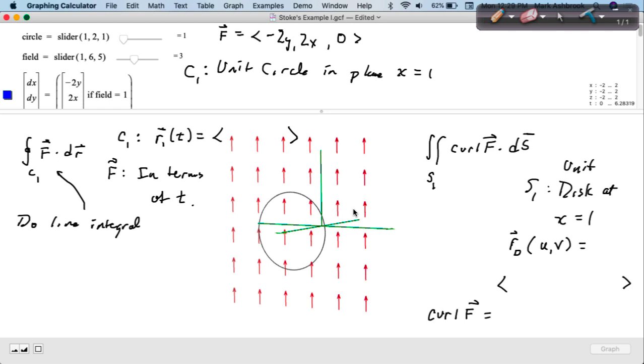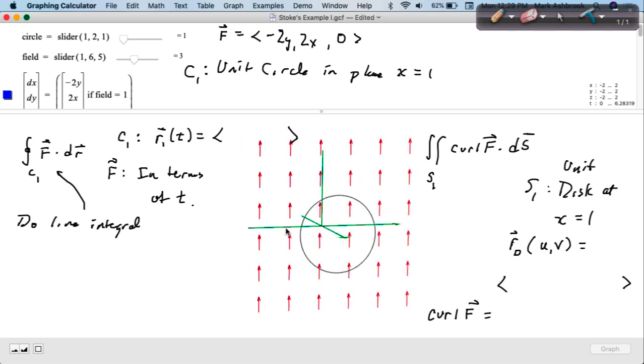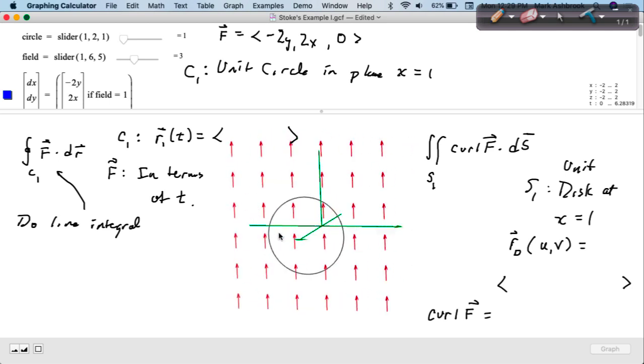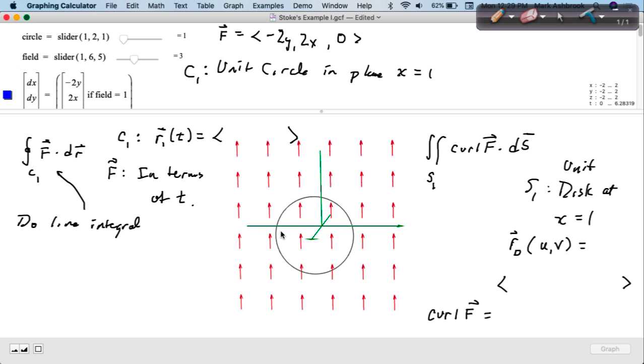There's no orthogonal component to the surface, so we're going to expect this to be 0 as well. Does that make sense? So the flux of the curl is going to be 0 because there's no component of those curl vectors that's orthogonal to our surface. There's no rotational flow through the surface because all the rotation is horizontal.